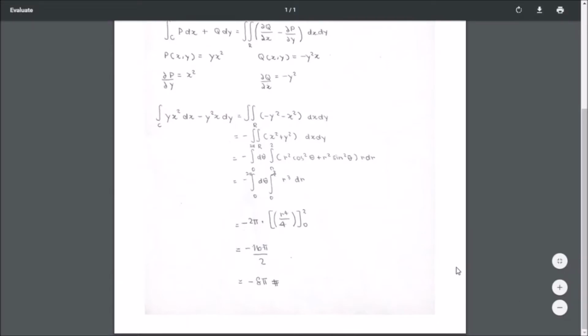Then we bring the negative sign outside the double integral and we get negative double integral over the domain R of x squared plus y squared dx dy.